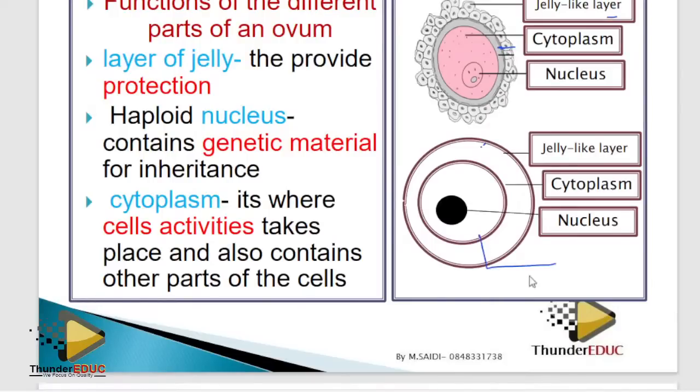All the cells, you call it cell membrane. The inside one is what we call the cytoplasm. Then the dense body is what is called the nucleus. That's all. Whenever they ask you the adaptation of a nucleus, think about genetics, inheritance. That's it. Is it clear?